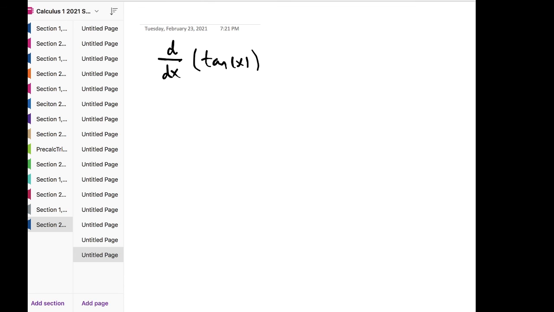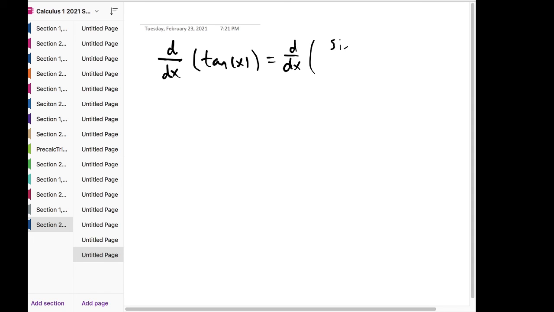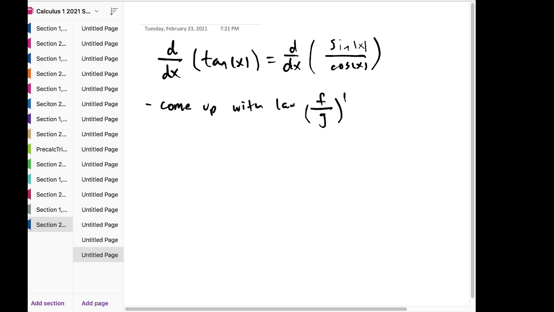So, in other words, since I know that tangent is a quotient, what I want to do is come up with a law of the quotient of two functions. So maybe I'll set it up and see if, if you're a little ambitious, you can kind of figure it out yourself.